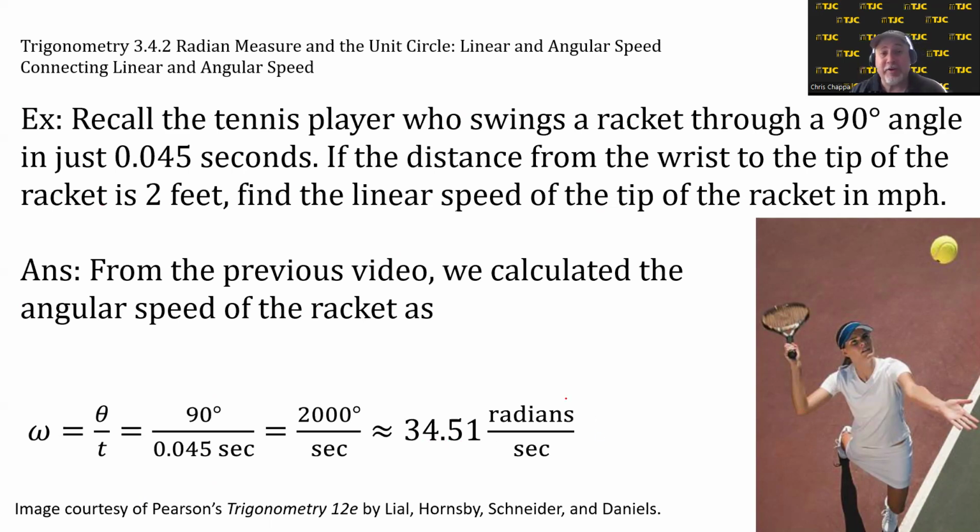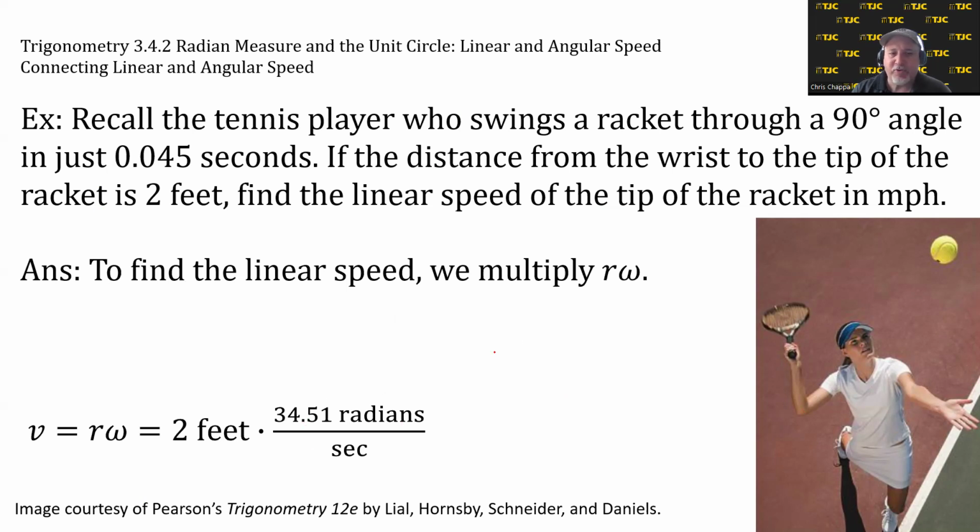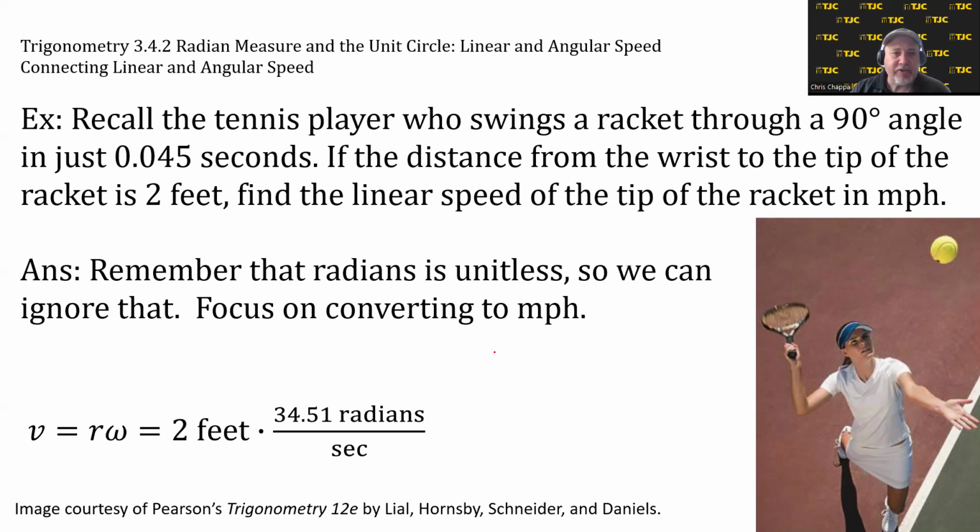Remember, everything has to be in radians for these comparisons between linear and angular velocity to work. To find the linear speed, we just multiply r times omega, because that's our formula. Well, the radius is 2 feet, and the omega is 34.51 radians per second. This will give us, oh, wait a minute, radians is unitless, so we can ignore that.